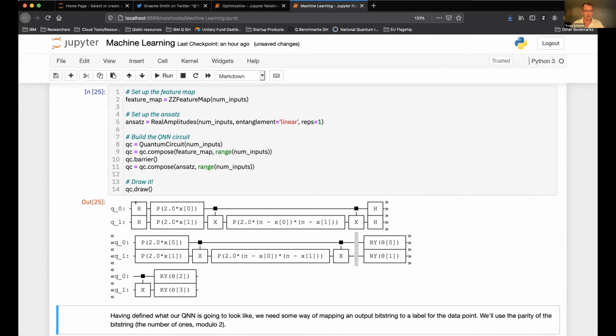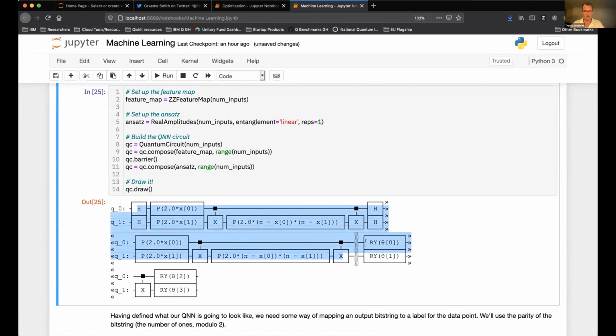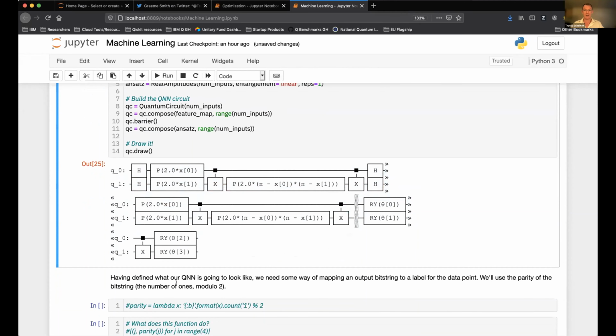And so you can see here, okay, we've got the ZZ feature map to do the embedding. And then we've got this real amplitudes circuit to do the classification. Now, again, we run the circuit on the quantum computer, and what we get back is bit strings. And so therefore we need to provide some way of mapping from bit strings to data labels.